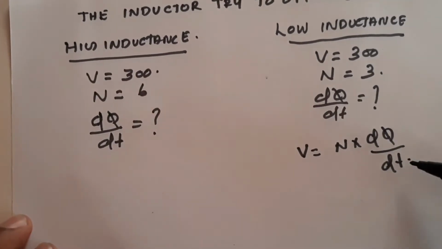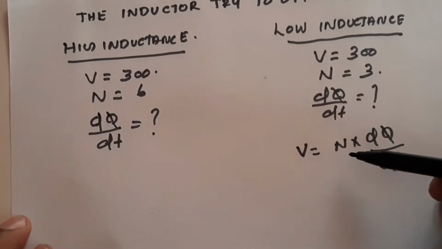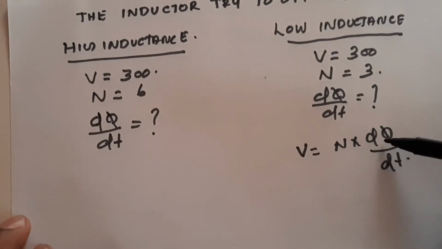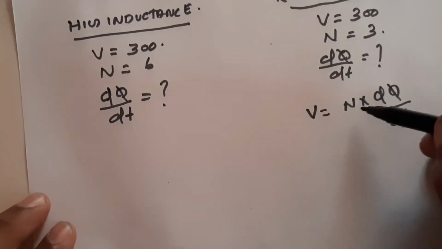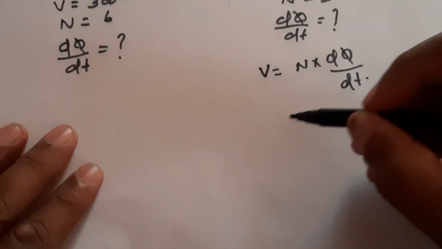This means that if the flux changes at a particular rate per second, this flux is linked to all the turns available, and a corresponding voltage is produced.